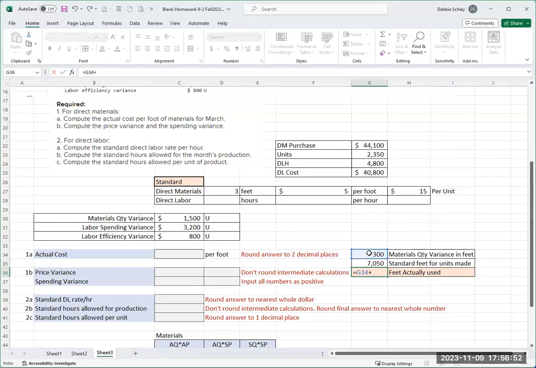Equals this plus this. Now, this is how many feet I actually used. That's still not the answer they're asking me for. I'm getting closer, because they told me how much my direct materials purchase was, and now I know how many feet I actually used in that purchase. And so I will take the total direct materials cost divided by the number of feet that were used, for an answer of the actual cost per foot was $6 per foot. Remember to round your answer to 2 decimal places.